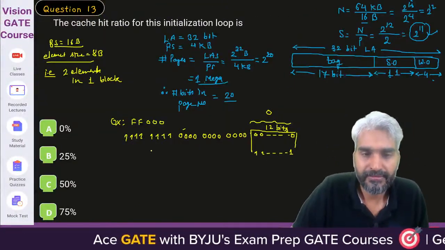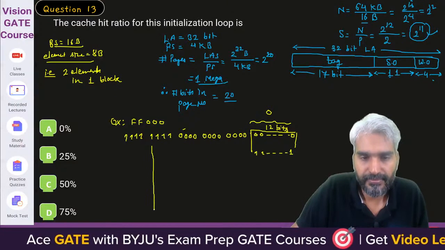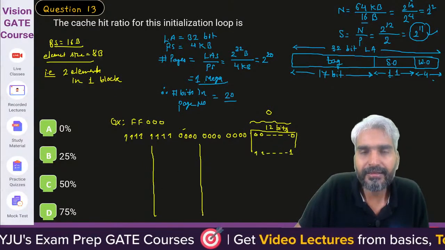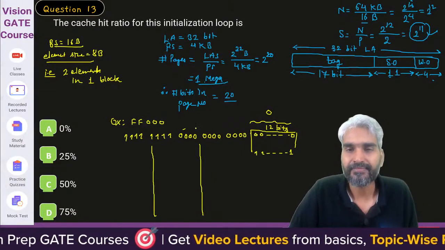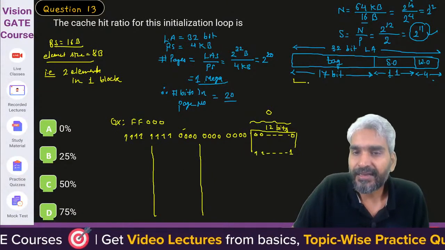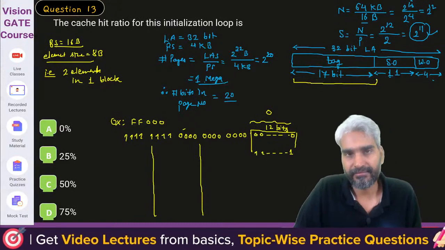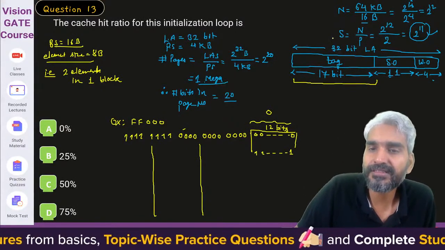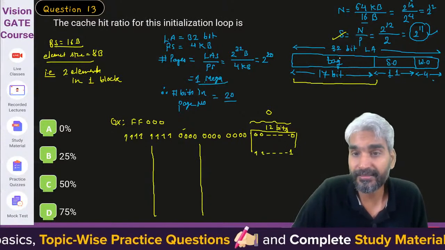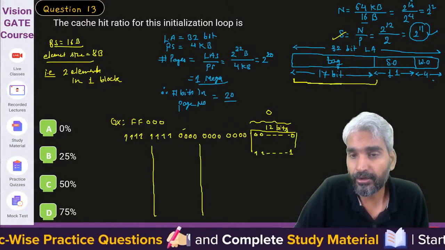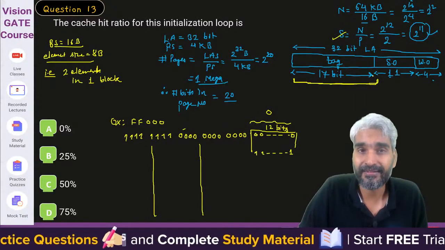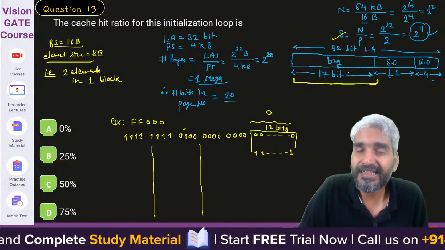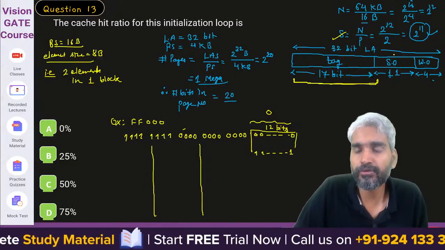So, let's look at the memory. These are the 17 bits of tag. These 17 bits of this 32-bit logical address will define the tag field corresponding to this particular set.